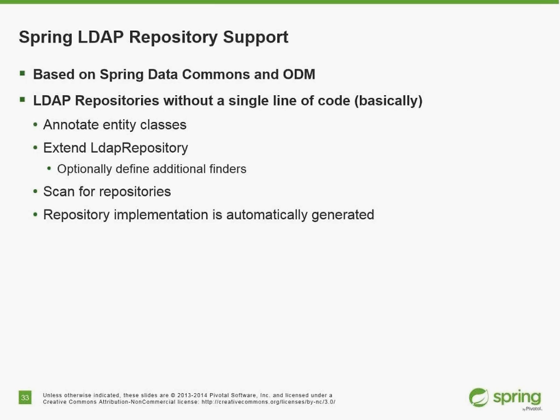All you need to do is annotate your entity classes, as you saw before. You create a new interface extending the LdapRepository interface. If you want, you can define additional finders there. And then finally, you instruct the framework in your configuration to scan for repositories, and the repository implementation will be automatically generated for you.